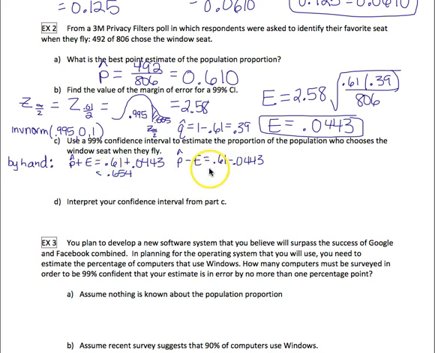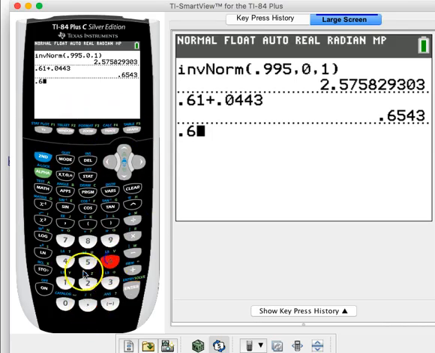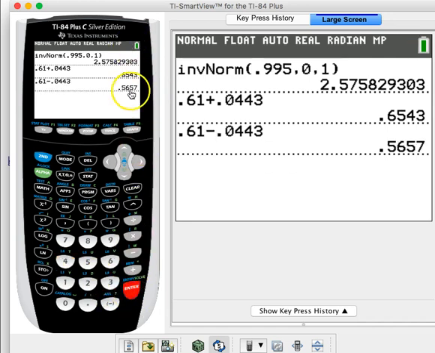And then for the other end, we have 0.61 minus the error. And so we get, if I round it, 0.566.